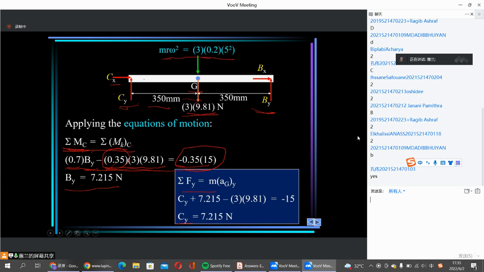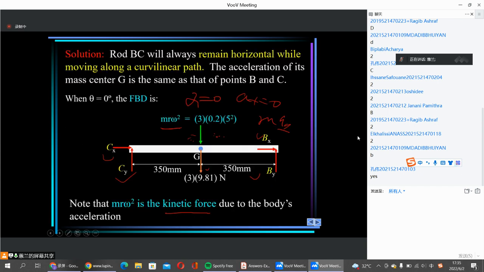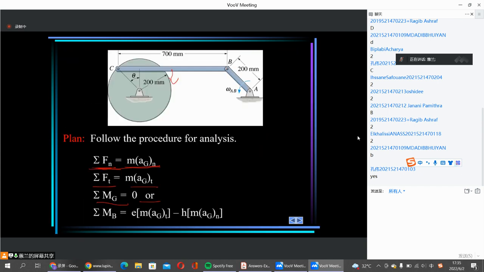But can you find CX and BX? No way, I can't. We only know that Cx plus Bx equals 0, but we can't find Cx and Bx here. But later on, if you analyze AB, just like for AB, this is A, and so we draw the FBD.